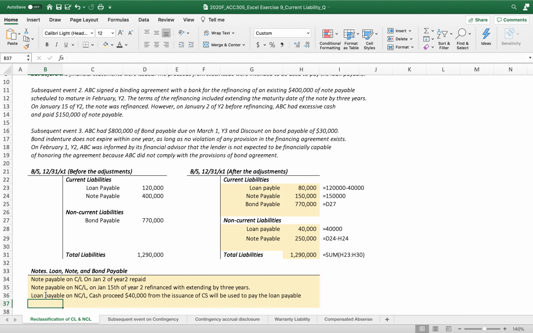And then the bond payable information. Why is this bond payable in current liability? It should be disclosed as well: the violation to comply with the provisions of the bond agreement, for example. All of this, the reclassification of the liabilities, should be disclosed in the notes.